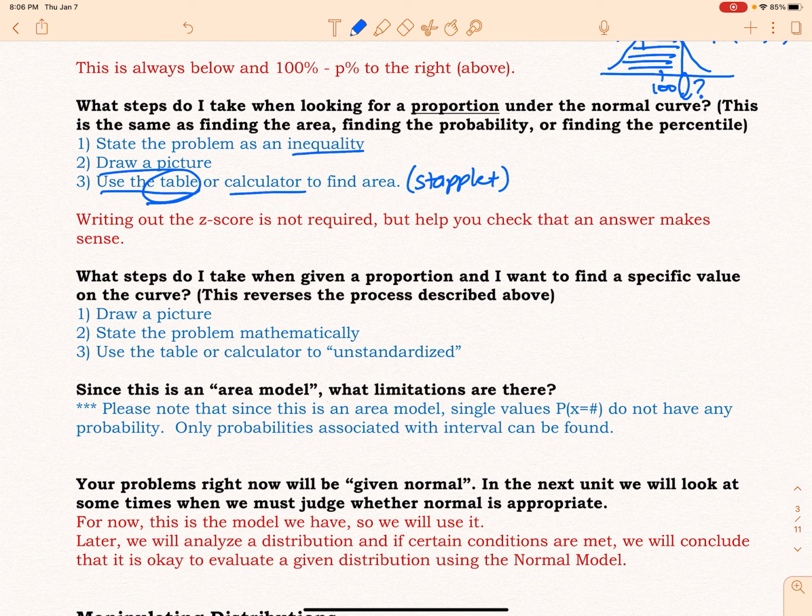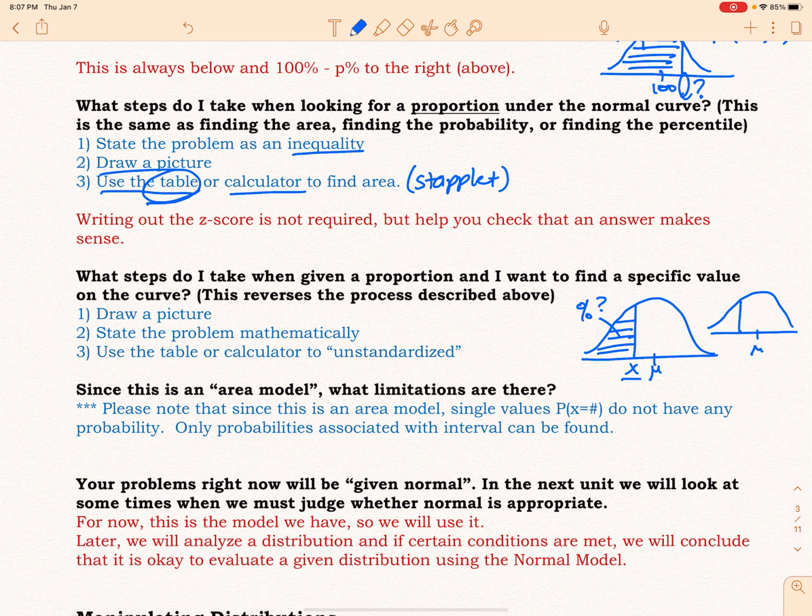All right, so what steps do I take when given a proportion and I want to find a specific value on the curve? So that, in other words, I'm not finding an area. The way these problems can be given to you, I can either give you the x and ask you for the percent, or I can give you the percent and ask you for the x value.